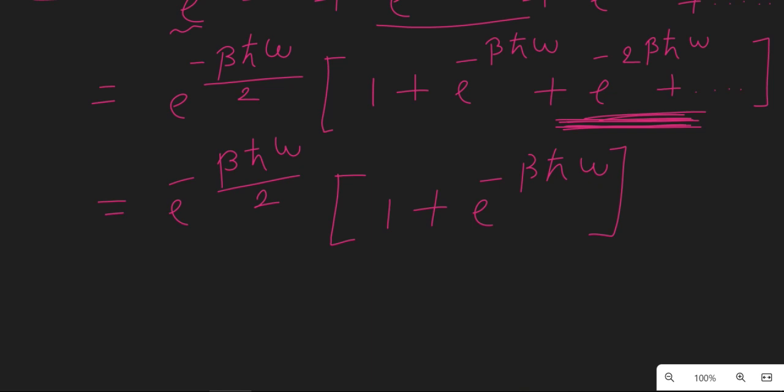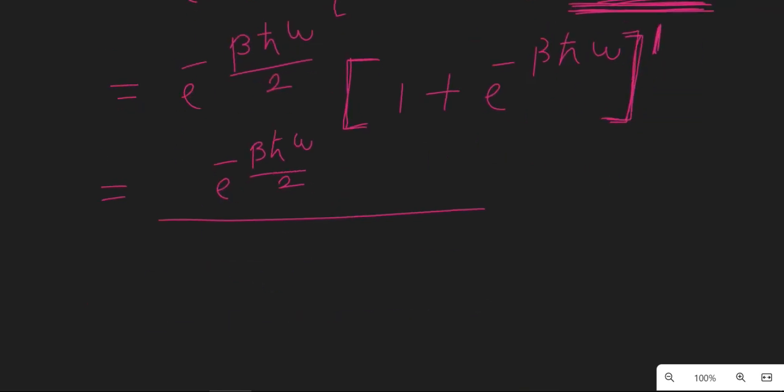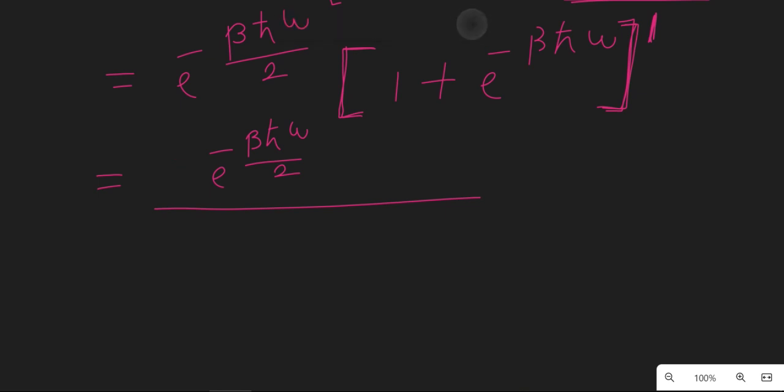Now I take this bracket in denominator, so its power will be minus 1. So what will happen? E raised to minus beta h cut omega upon 2 divided by the whole bracket in denominator, so it will be 1 plus e raised to minus beta h cut omega, raised to minus 1.